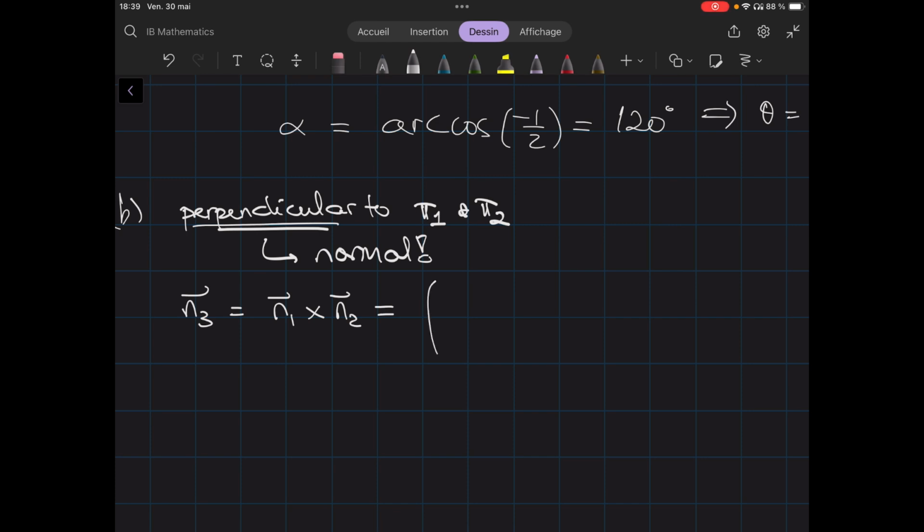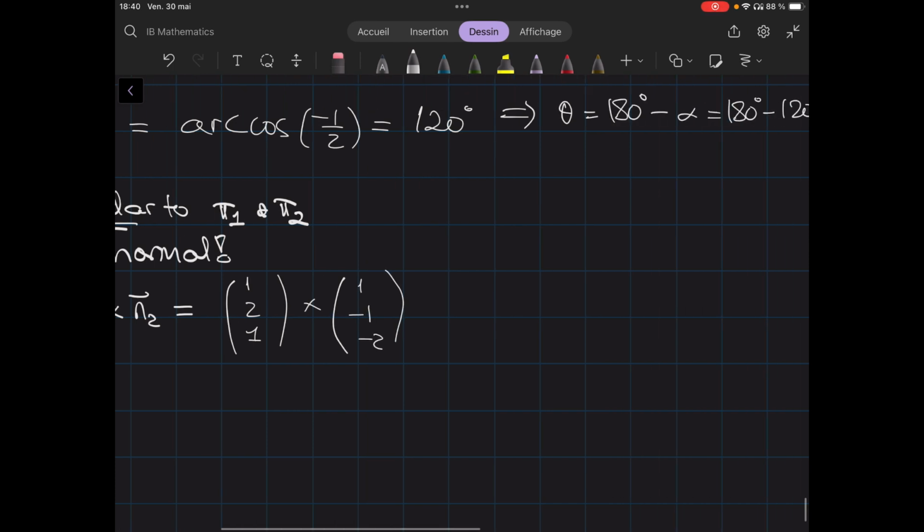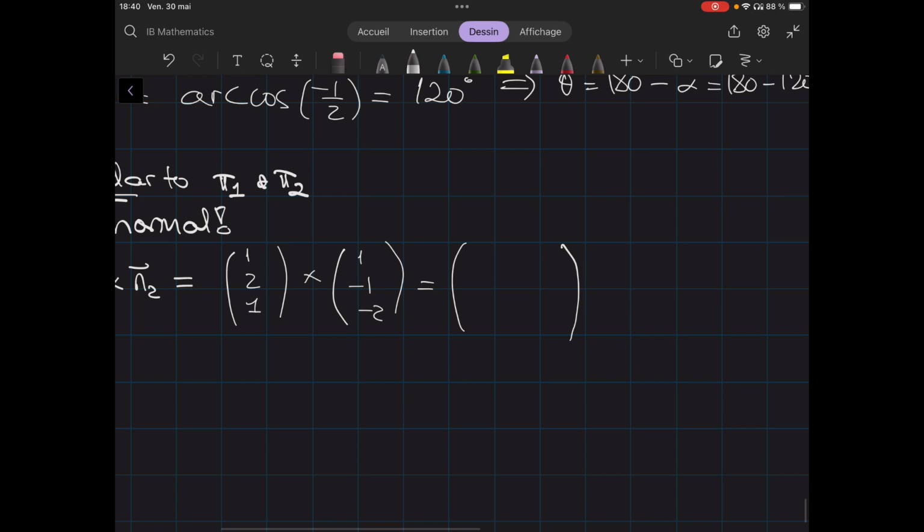n1 is 1, 2, 1, and n2 is 2, 1, -1, -2. Finding the cross product, you can use the formula in the formula booklet, or you can just write it out.